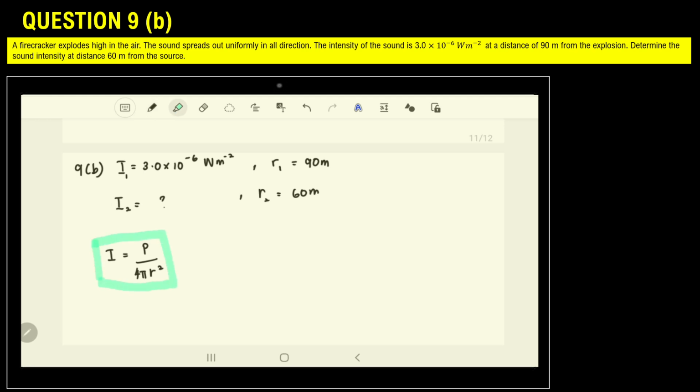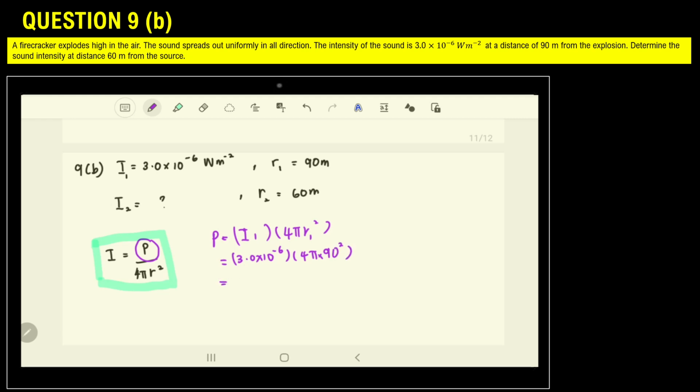So this is the equation. From here we can find first what is the power of the source. So we can calculate what is P. From the first information we have I1 and R1, so we can find P, where P is equal to I1 times 4 pi R1 squared, where I1 is 3.0 times 10 exponent negative 6 and R1 is 90 squared.